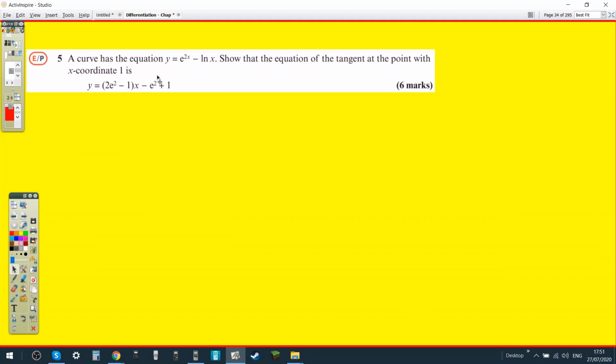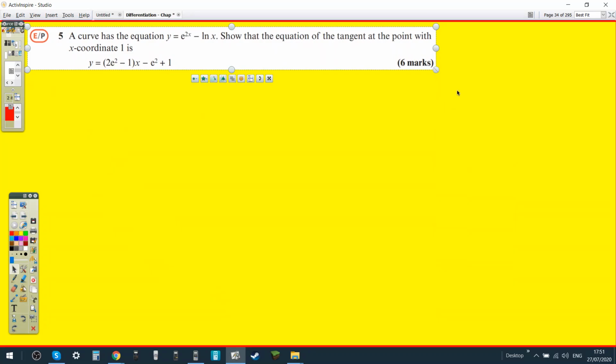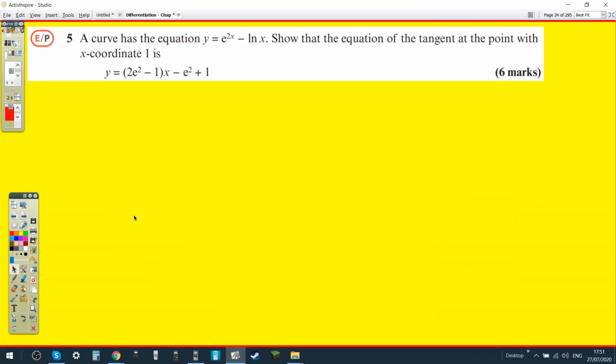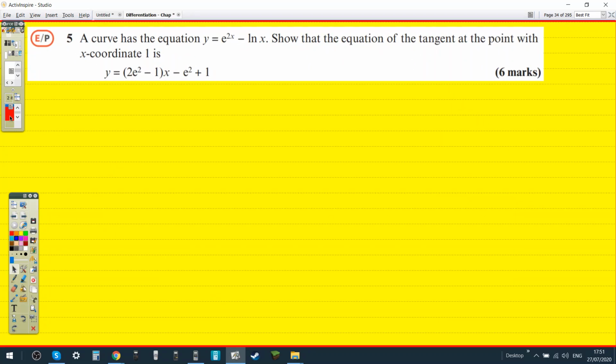Is this worth doing, or is it the same thing? Equation of a tangent. So you differentiate e to the 2x, which is 2e to the 2x, and then minus 1 over x.